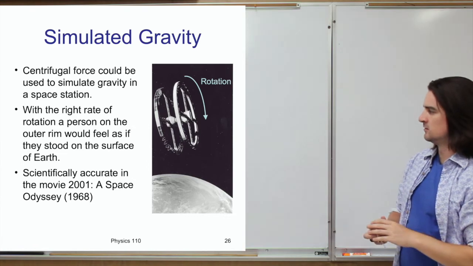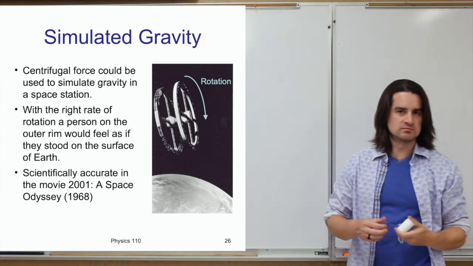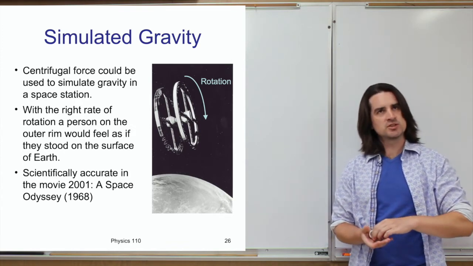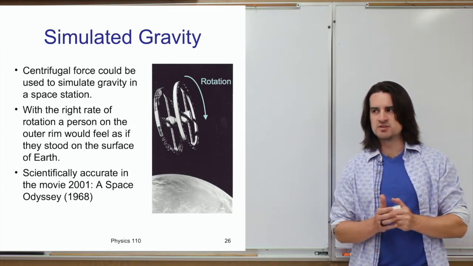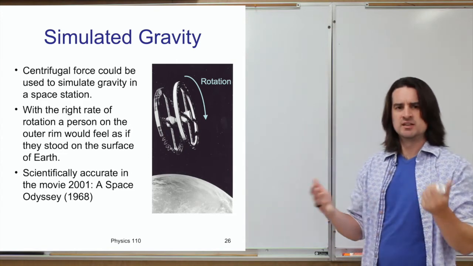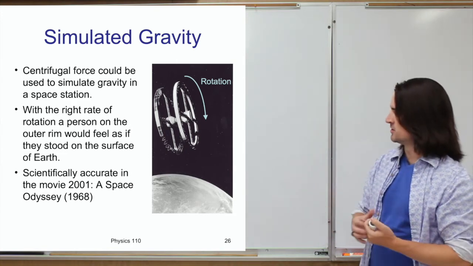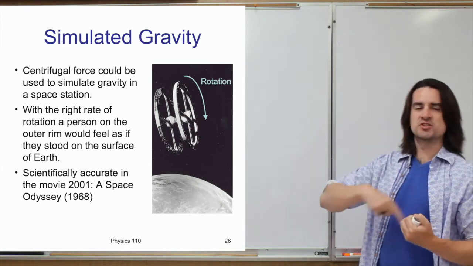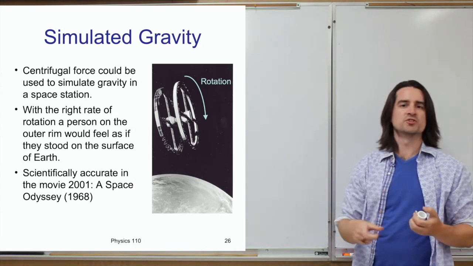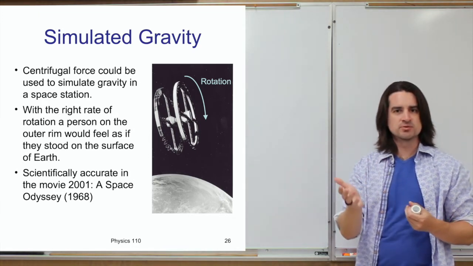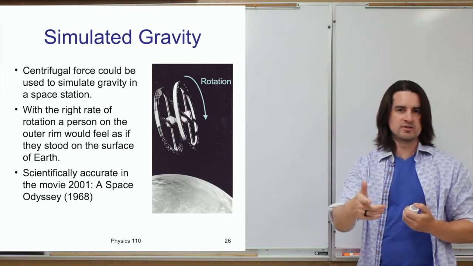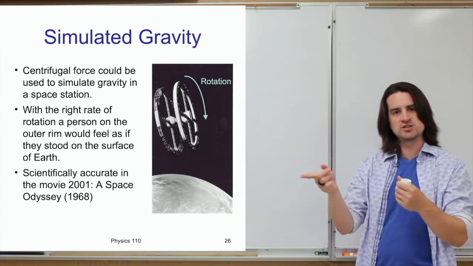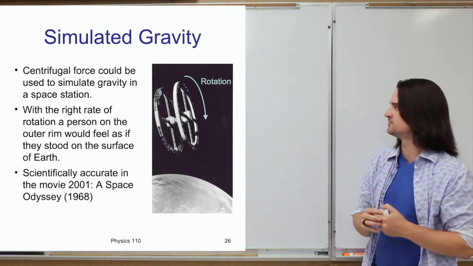And it turns out that's very possible to do. Somebody asked me before if it had actually been done, and I don't really know, but it's certainly scientifically and physically reasonable and possible to do. Essentially the amount of centrifugal force that you'd feel is related to the centripetal force, and that amount is related to how far away you are from the axis of rotation, how fast the rotation is, and how much mass you have.